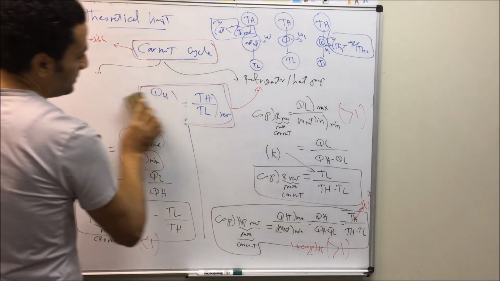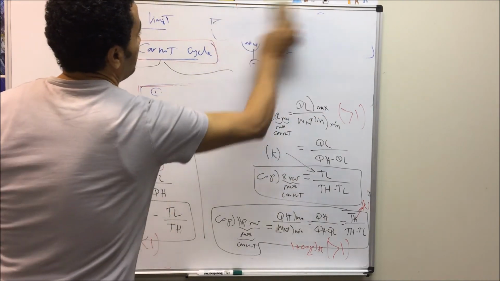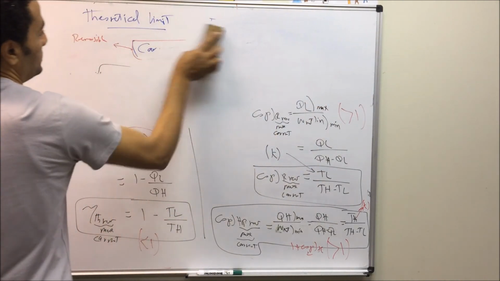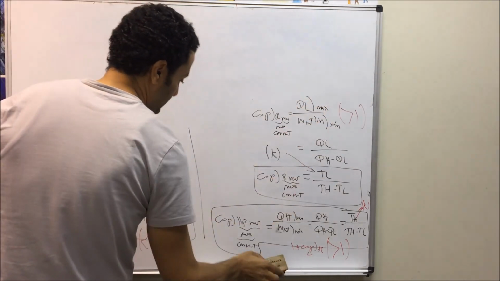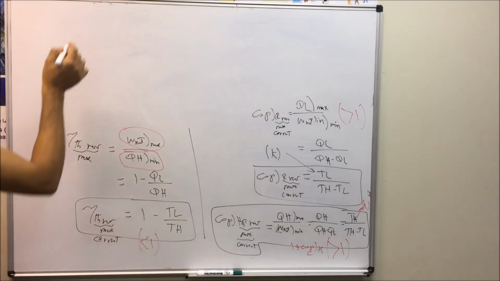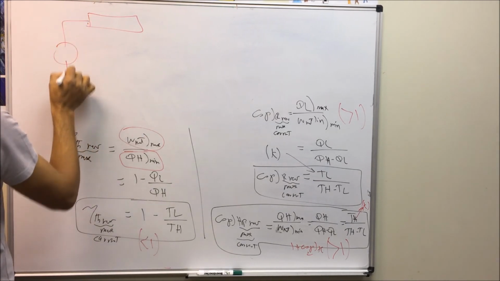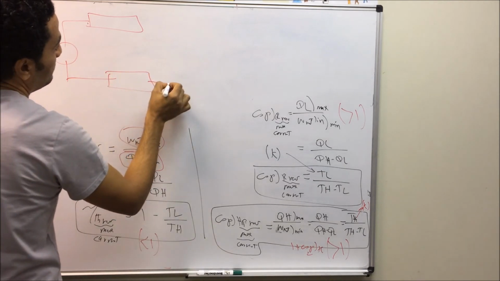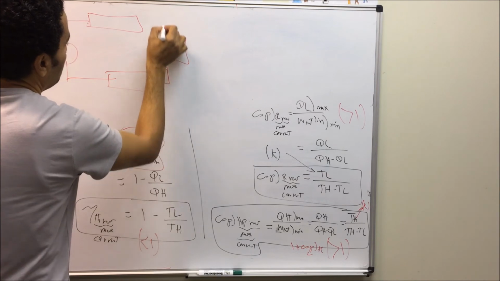But let's look at what happens if conditions are given for the devices of a heat engine or refrigeration cycle, and we need to calculate, let's say, Q high or Q low. If you look at the heat engine, we have the pump and the condenser, and here we have the turbine.